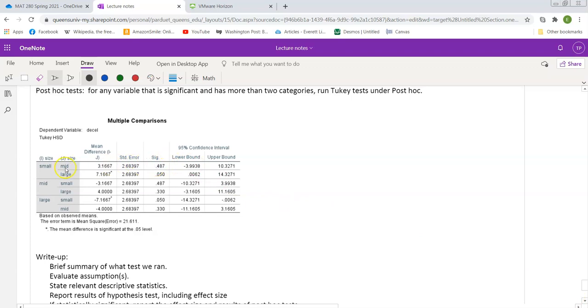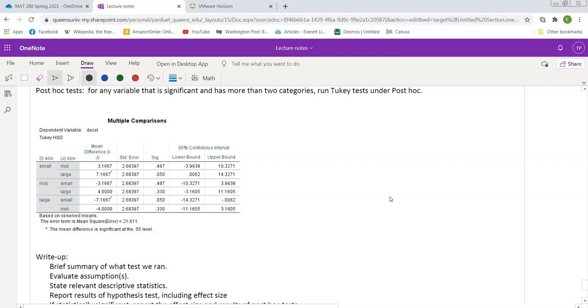According to this, the p-value for comparing small to mid-sized cars is 0.487. Small to large is 0.05. So some people would say reject H0, and some people would say fail to reject H0.